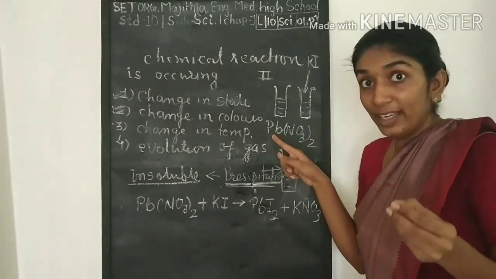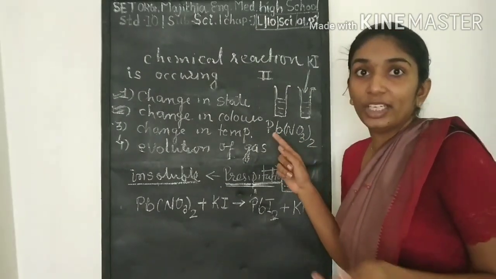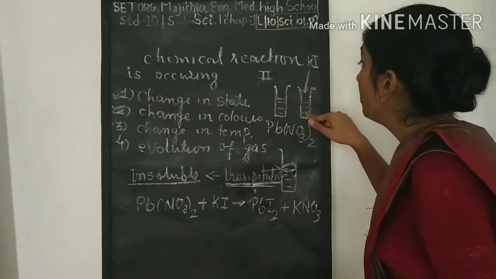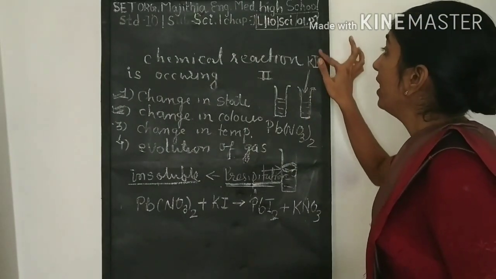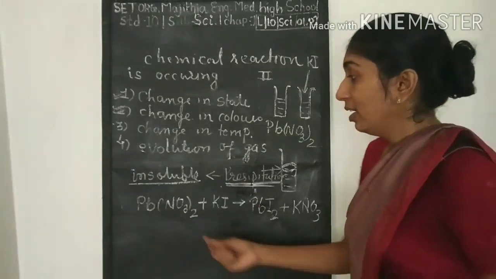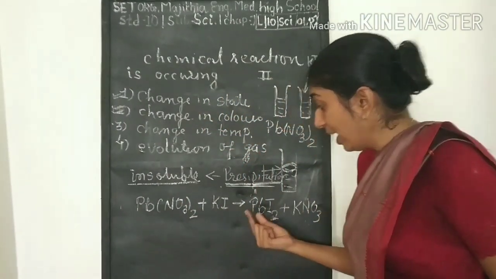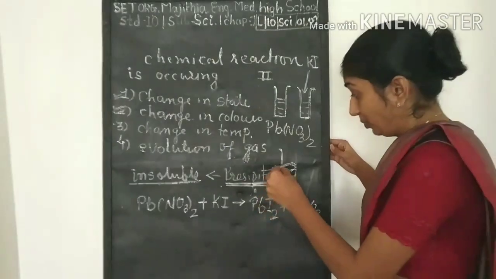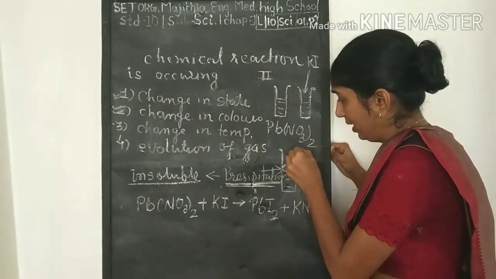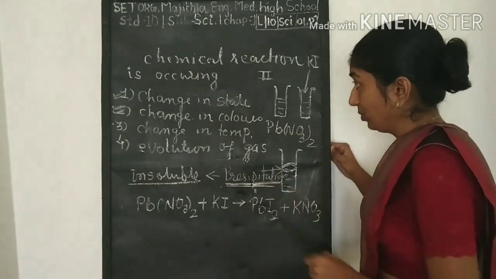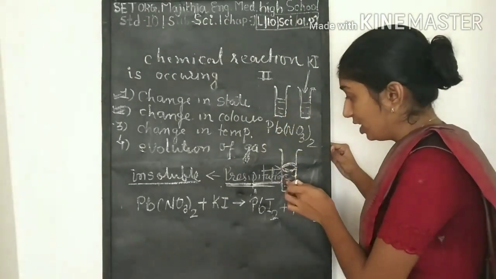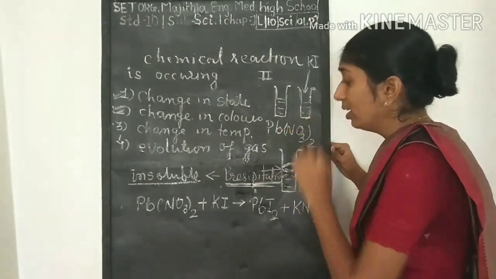Pb is the symbol of lead. You should recall this. And in the second test tube, we are having potassium iodide. We will add lead nitrate and potassium iodide together and we will get something floating over here in the test tube.